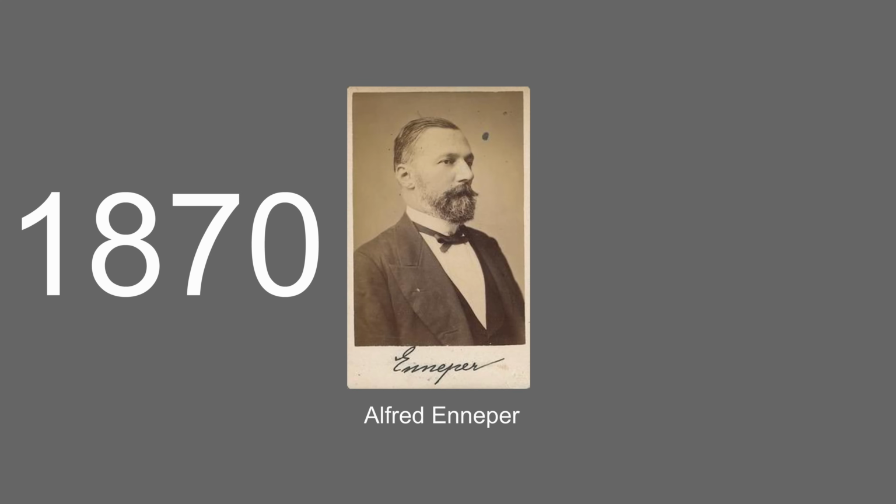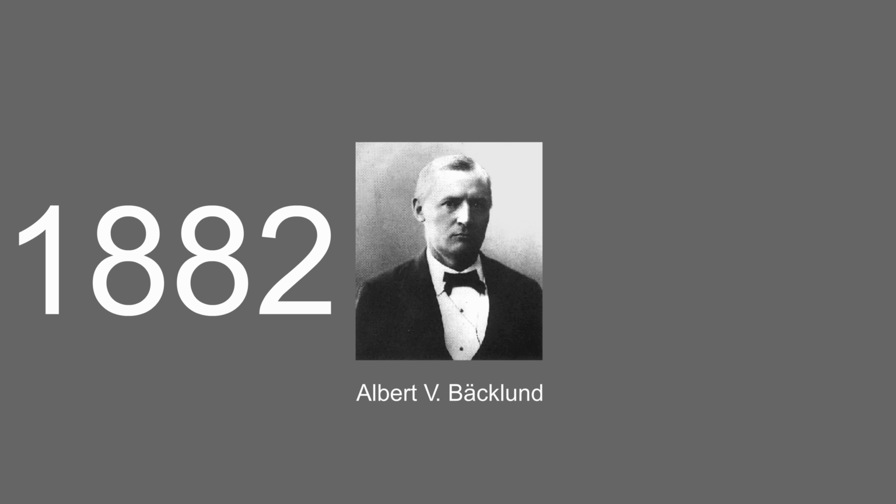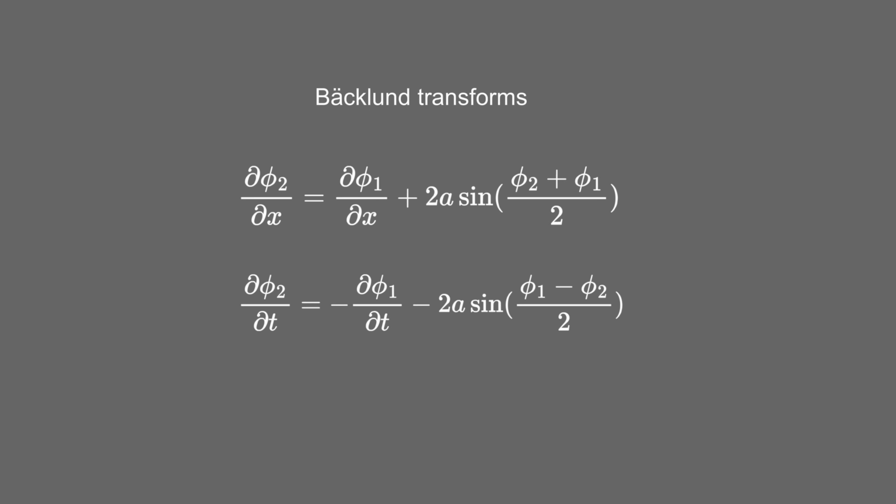But this equation was actually discovered much earlier in the history. Already in 1870, Alfred Enneper found the same equation in his work on differential geometry and found a solitons solution. A bit later, in 1882, a Swedish mathematician, Albert Bäcklund, found a way how to get from one known solution another unknown solution, using Bäcklund transformations.